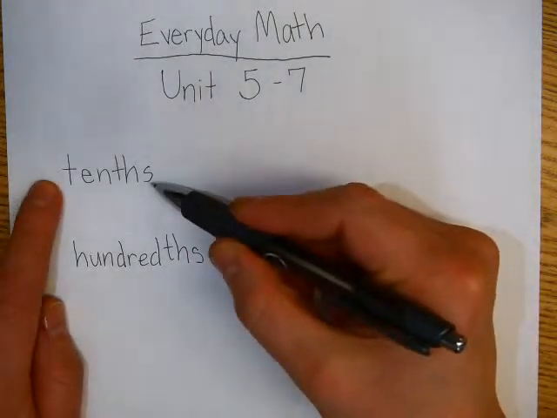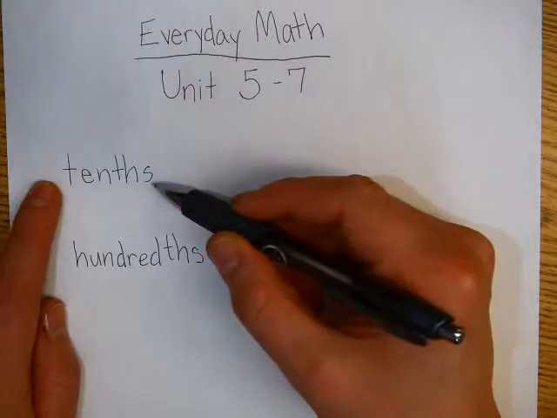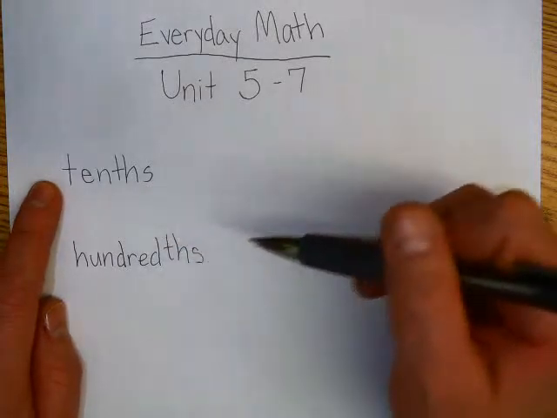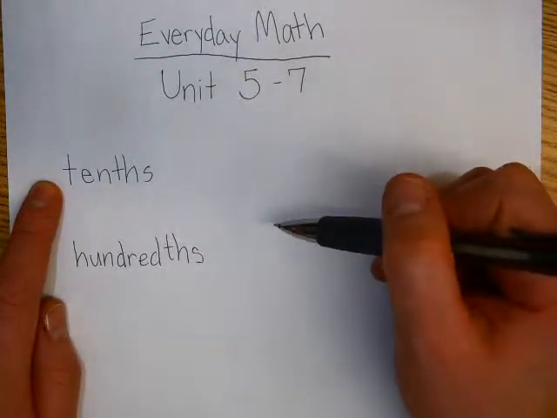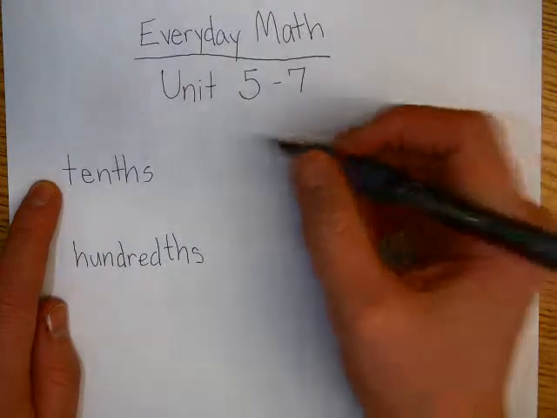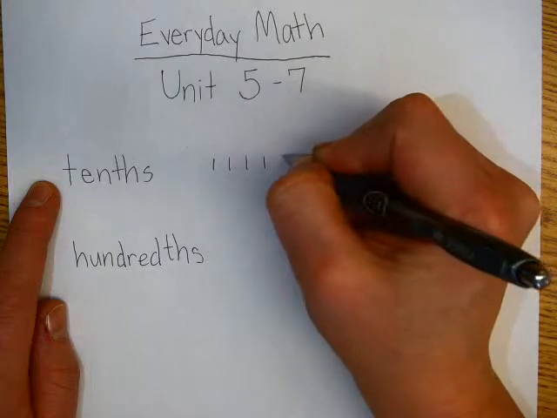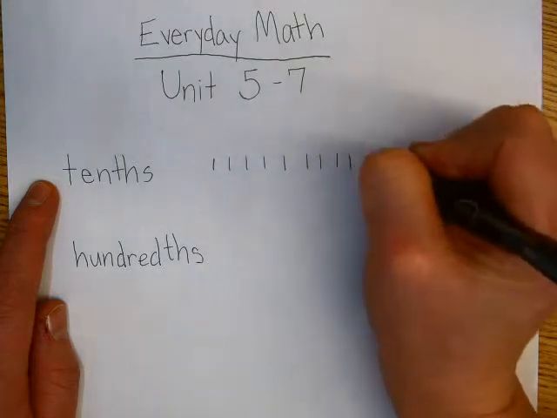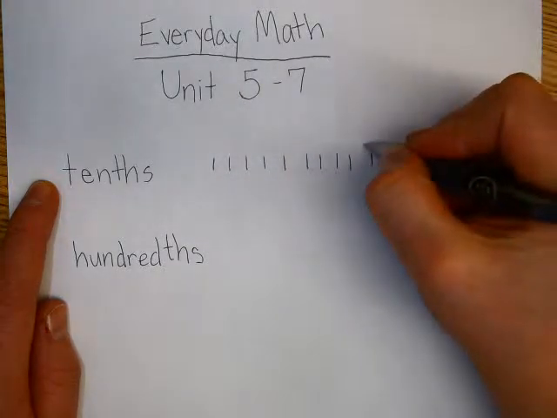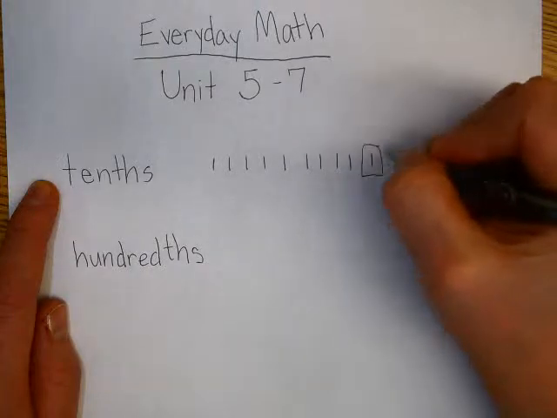So a tenth, what a tenth means in this case is not like being tenth in line, or the way that we might usually use it, the tenth of the month. What it actually means is if you have 10 of something, it's one of those parts. It's 1 out of 10.